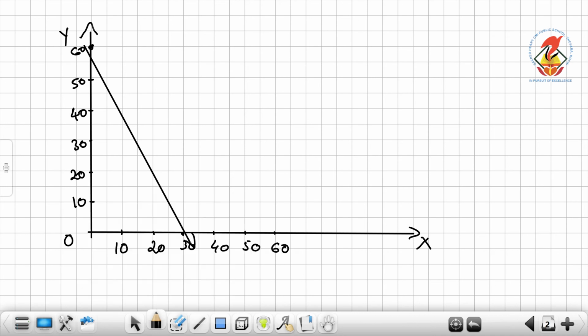The next one. What is the equation of the first one? 12x plus 6y is less than or equal to 360. So when we substitute the origin, it is towards the origin. Now the next line is x is equal to 20.